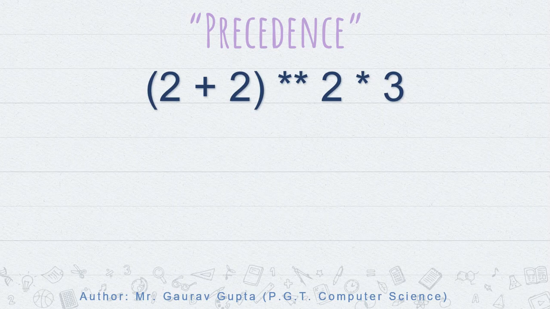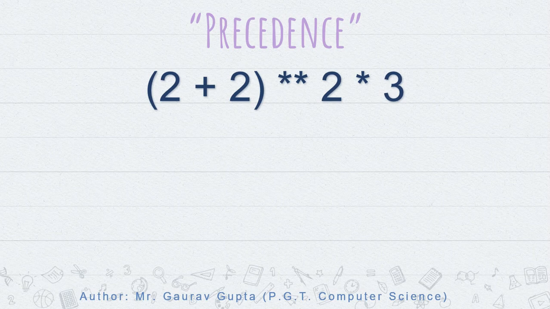I have taken the same example, but here I have put parentheses around the 2 plus 2. Keep in mind that when we solved this expression earlier, plus sign was evaluated last, but here it will be evaluated first. So let's see how it will be evaluated.